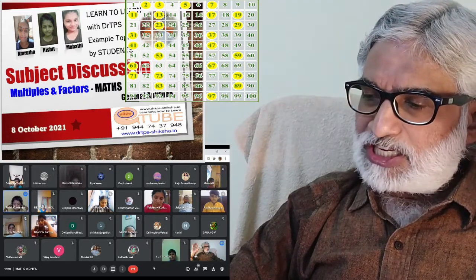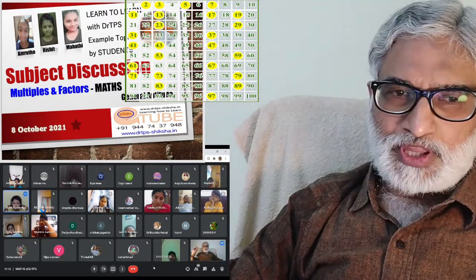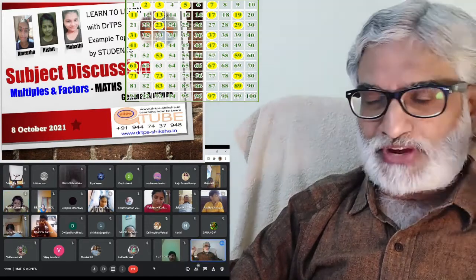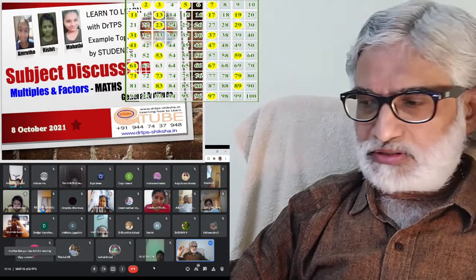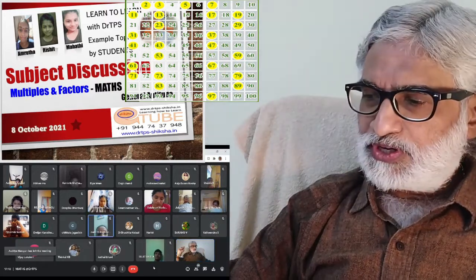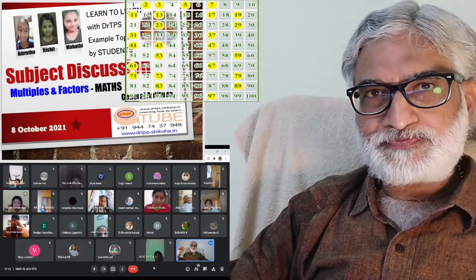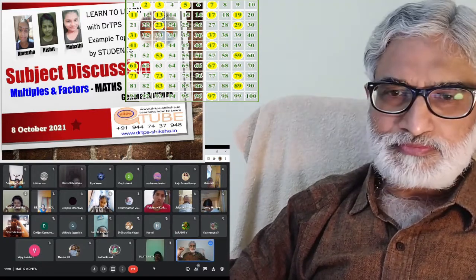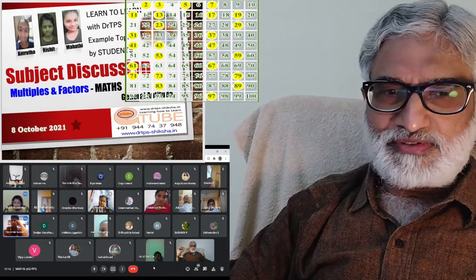The 5 multiple is 25, the 15 multiple is 225, the 25 multiple square is 625. 35 square is 35 into 35, which is 1225.